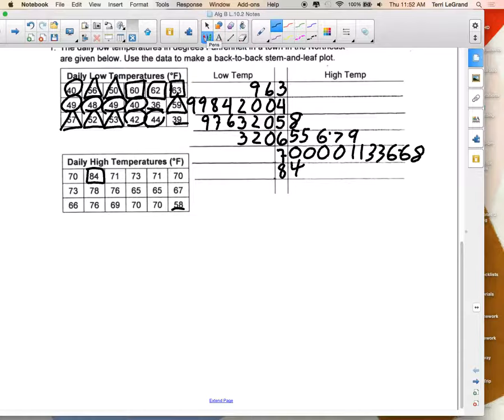Now did you count it up? Make sure there's 18. Yes. 17 before, now there's 18. You're missing a 5. Oh, that's 65. And you guys check them out. Make sure you agree with them.